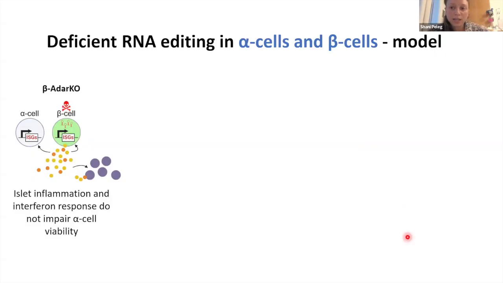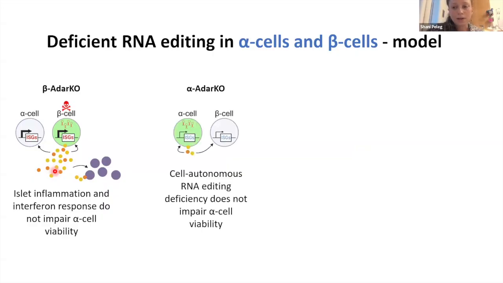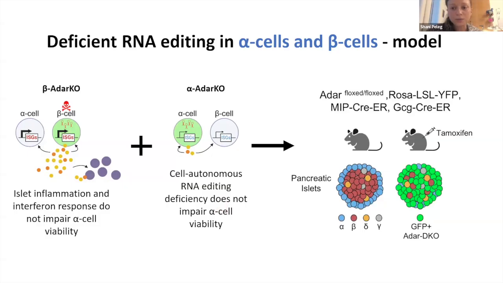So far, we saw that in our beta Adar knockout model, we saw islet inflammation and interferon response that do not impair alpha cell viability. In our alpha Adar knockout model, we saw that cell-autonomous RNA editing deficiency in alpha cells also doesn't impair alpha cell viability. So we asked, what would happen if we combined the two?